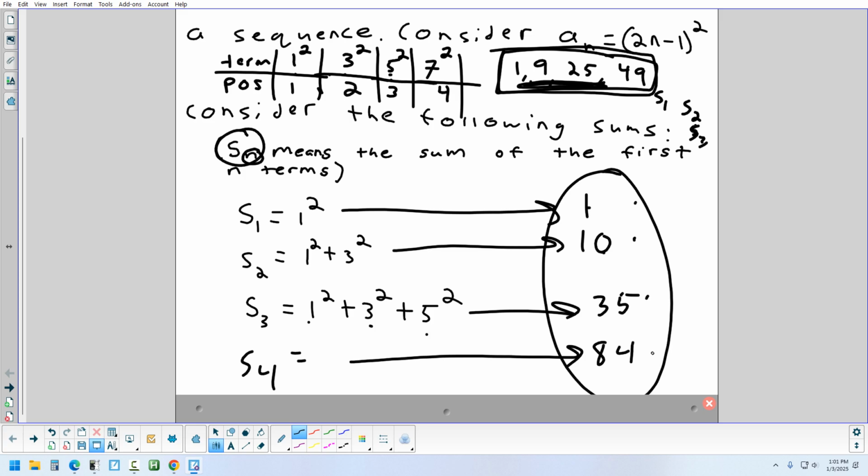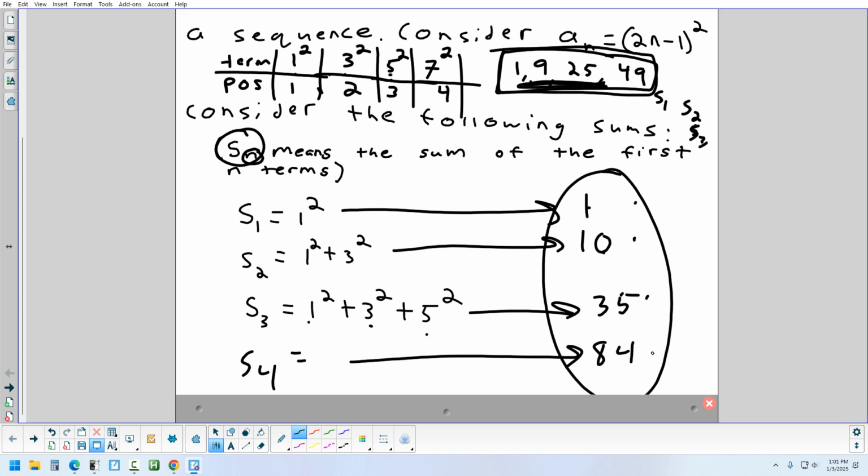Okay, 1, 10, 35, 84. This one would be a little bit harder to figure out the pattern, but we're going to do some that are easier. What's the pattern for this one? Well, it's quadratic because we're adding up perfect squares. What is a perfect square?